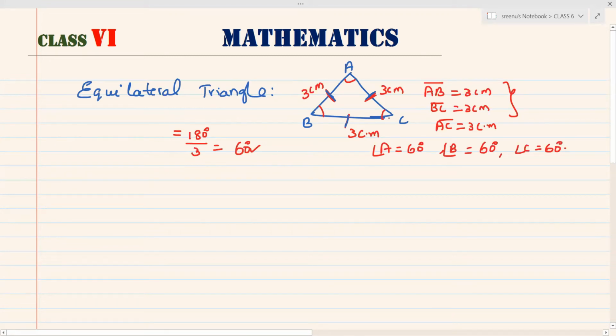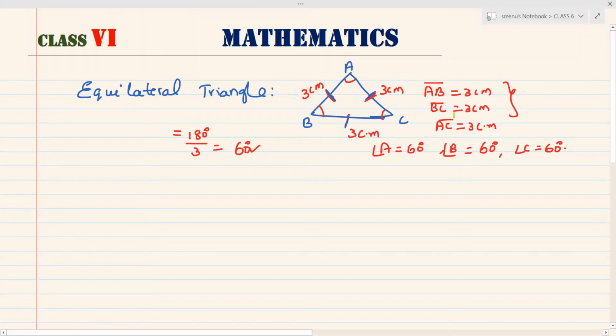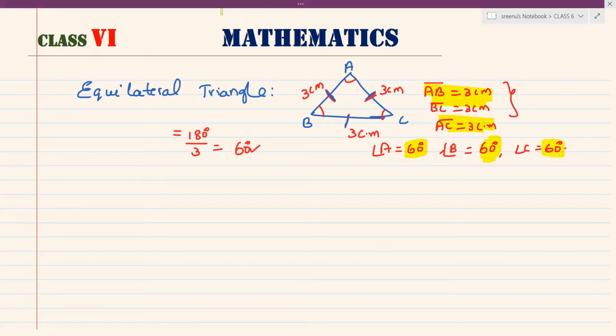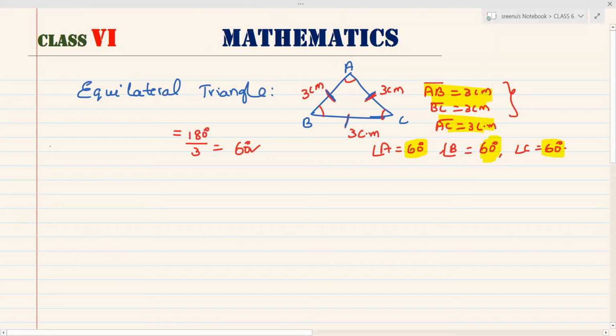So here three sides are equal and three angles are equal. The side length, 3 centimeters, is just an example, but the angle is fixed at 60 degrees. A triangle whose all sides are equal in length is called an equilateral triangle. All the angles in an equilateral triangle are equal and each angle is 60 degrees. This is all about the equilateral triangle.